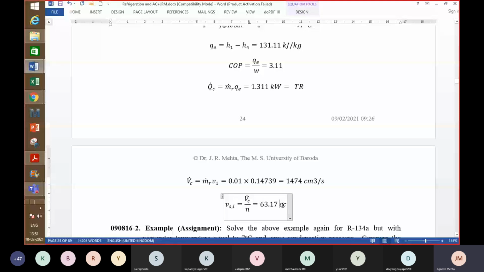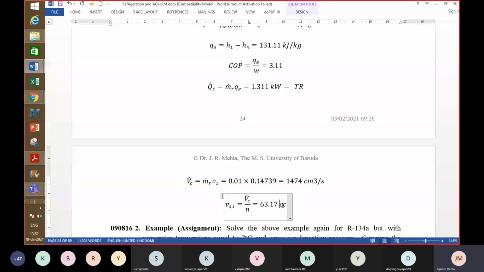Now this is the ideal swept volume, but the compressor is not giving you 100% volumetric efficiency. It is giving you 80% volumetric efficiency. So you will have to go for a higher swept volume, so that 80% of that becomes the 63.17.